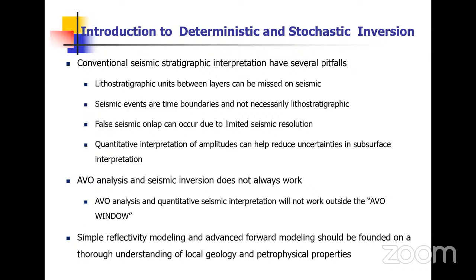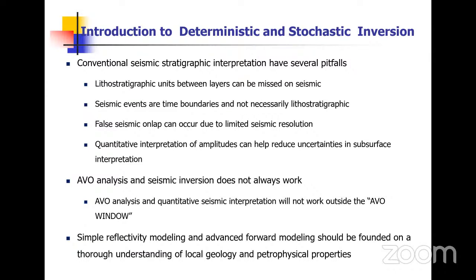So little stratigraphic units between layers can be missed on seismic. This is true. Seismic events are time bound, and they are not necessarily lithostratigraphic. We must carry that in mind. We pick horizons every time. They are all time bound and related to amplitude. In some cases, you have forced seismic onlaps. Again, this could be attributed to limited seismic resolution, because you have to consider your tuning thickness.